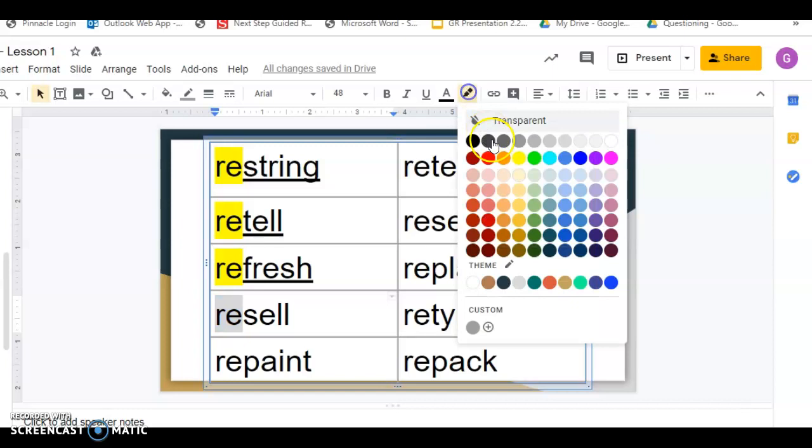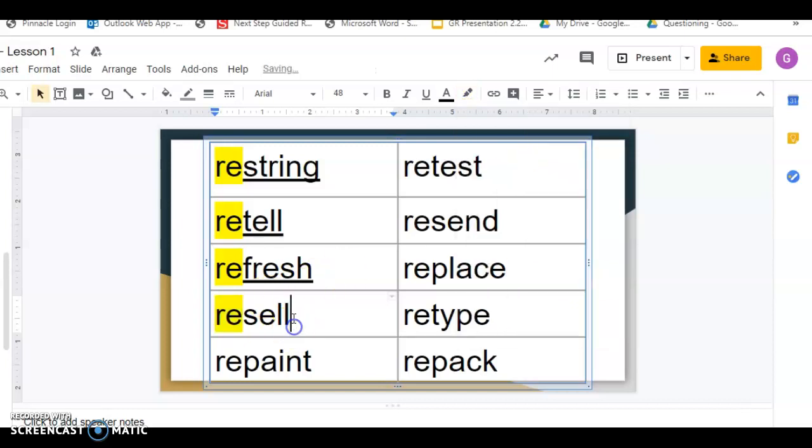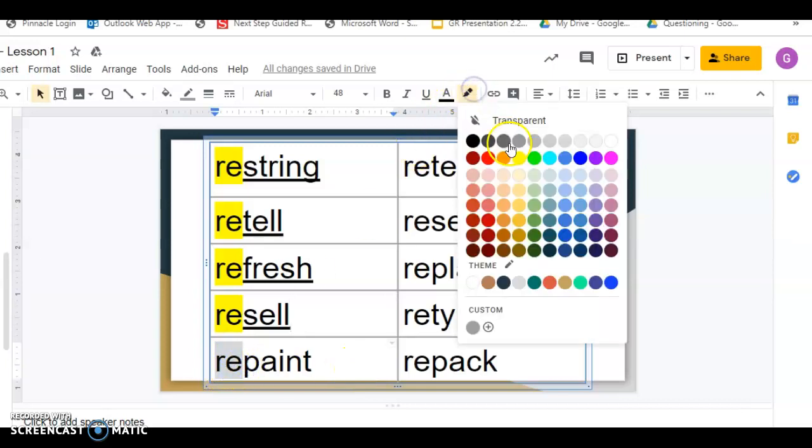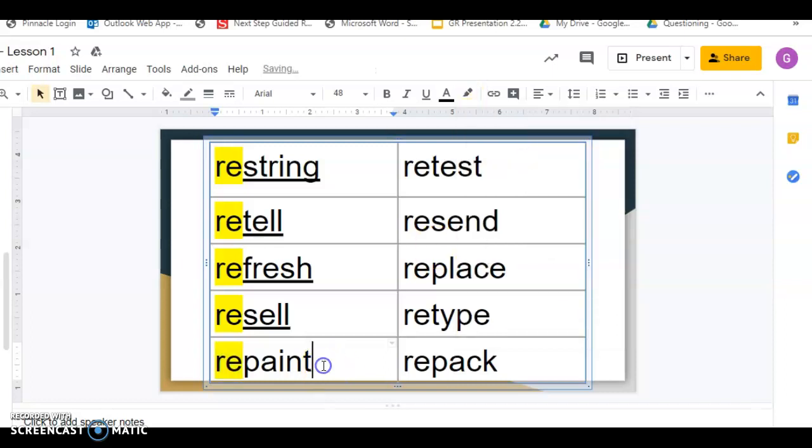And what's the rest of the word? Sell. And read the whole word. Resell. Nice job. Next one, what's the prefix? Re. And what's the rest of the word? Paint.